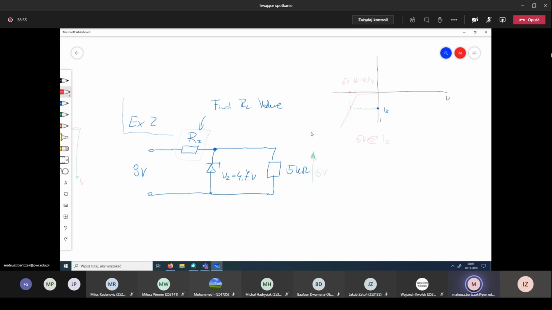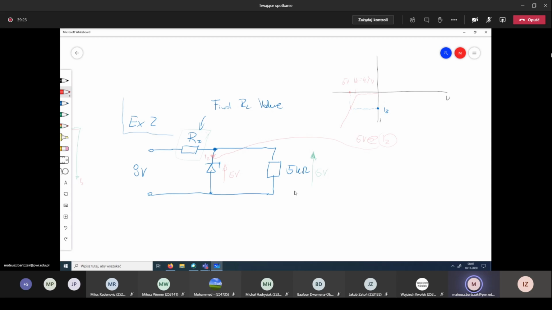Okay, when this current flows through the diode, then the voltage drop on this diode will be equal to 5 volts. And that is what we want to achieve.